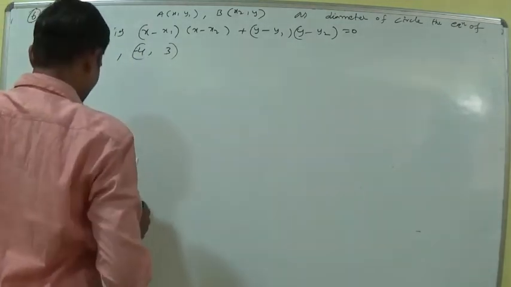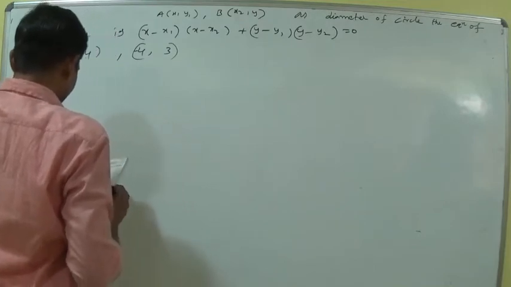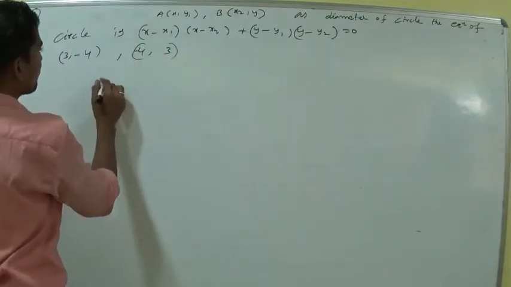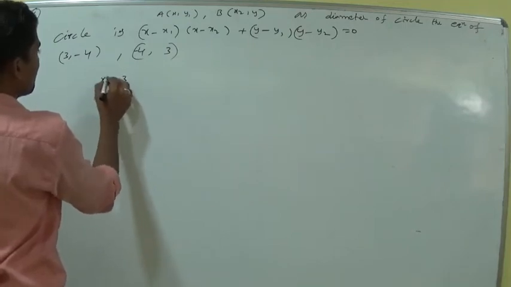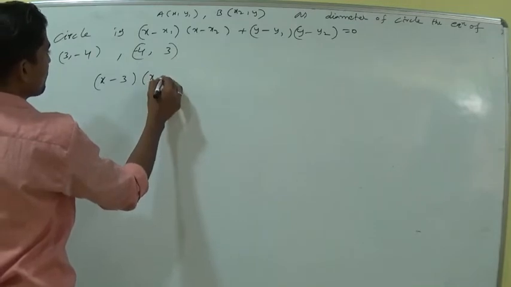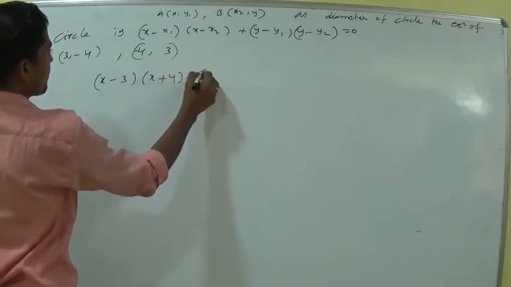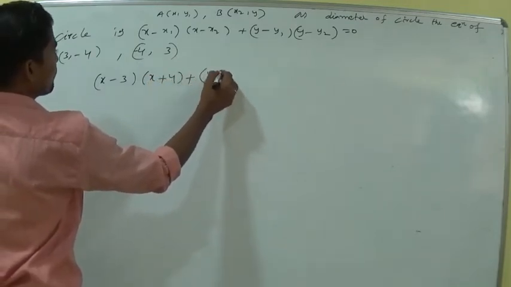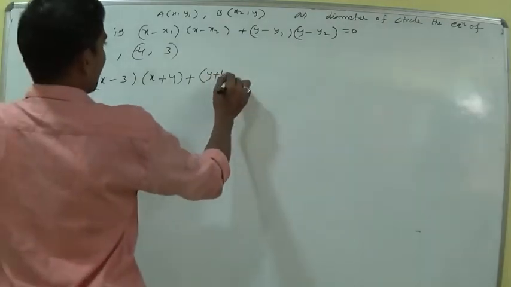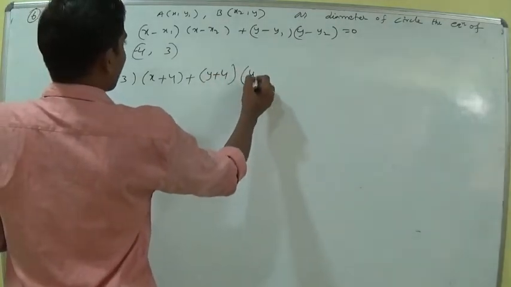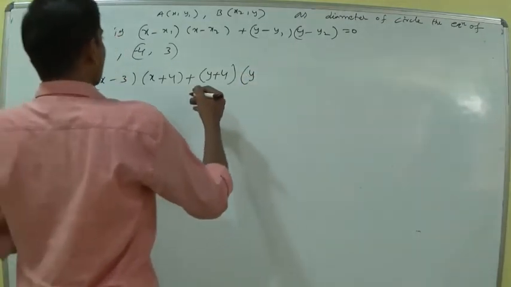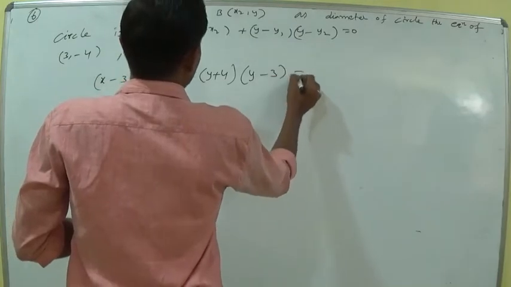Then substitute in this formula: (x minus 3)(x plus 4) plus (y plus 4)(y minus 3) equal to 0.